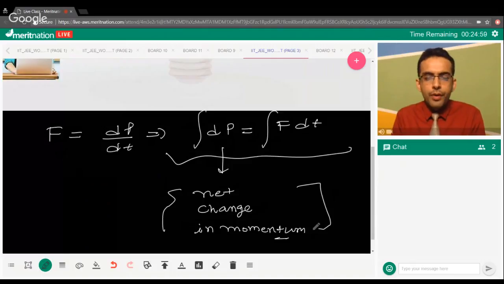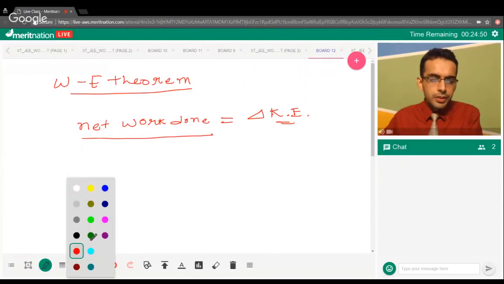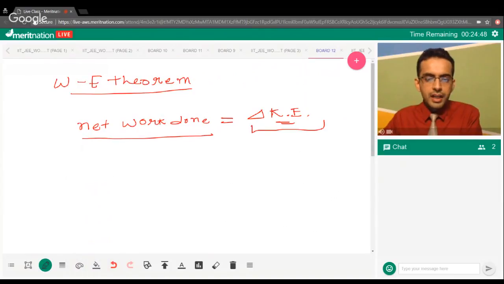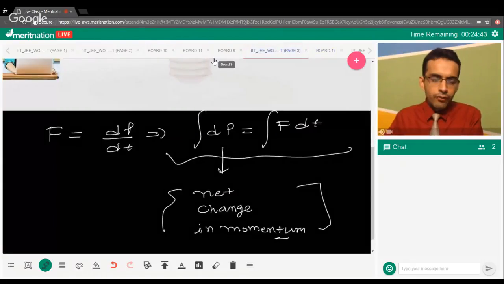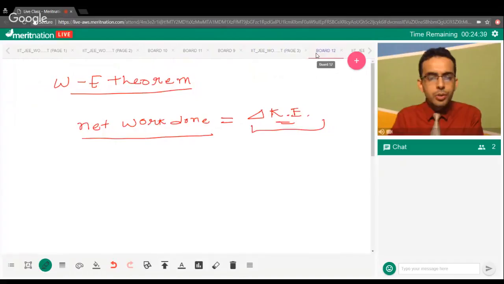So what we will do is find the net change in momentum. See, this is the work energy theorem. We have to find the change in kinetic energy, but we are not able to find the work done directly here, so we can't use the work energy theorem directly.